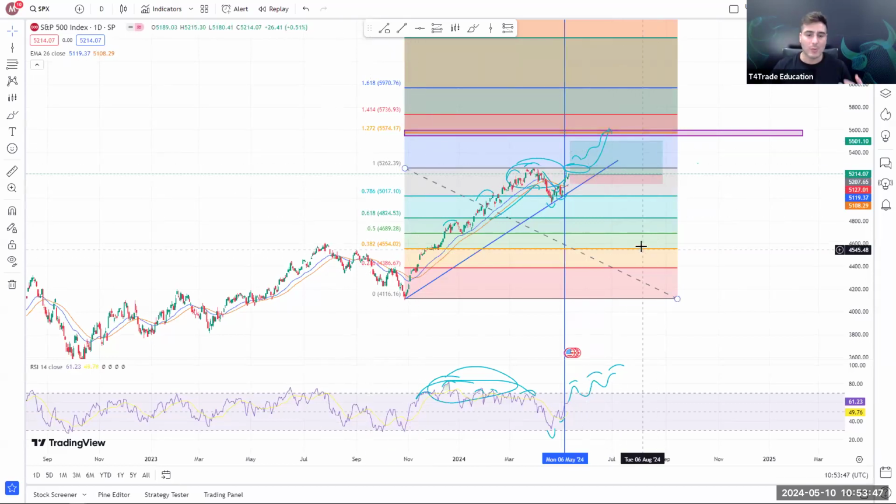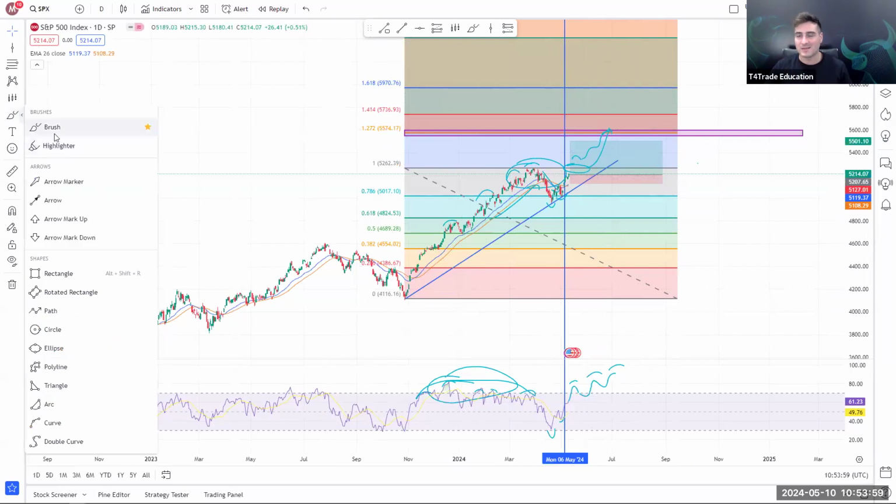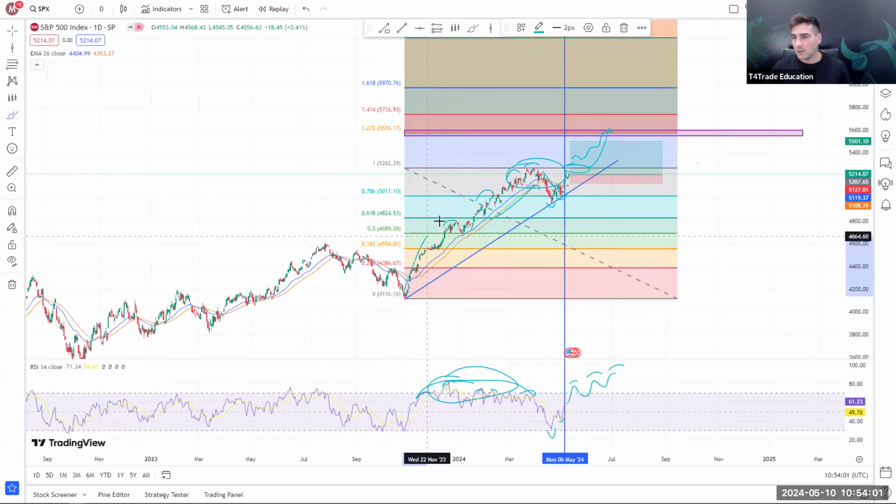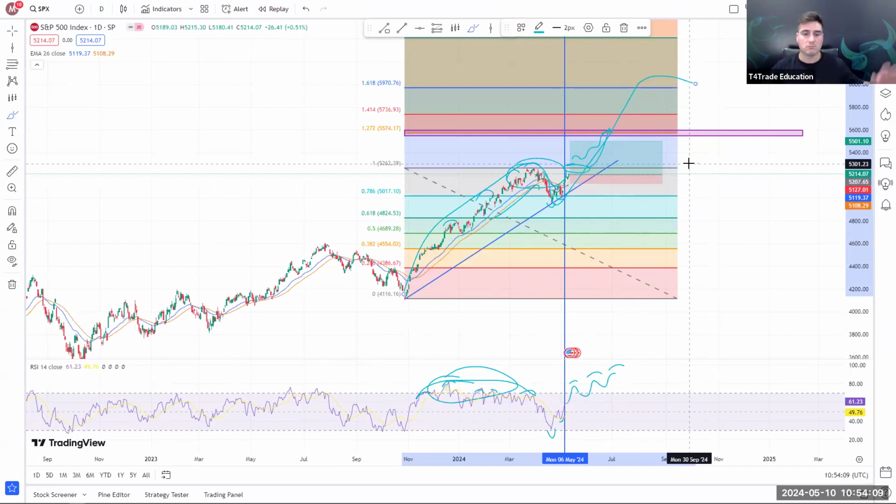Because as we mentioned many times in the past, price action does not always move in one direction with no interruptions. Okay, you can clearly see here it moves in waves, and that's why we assume that this is one wave and the pullback, and then we assume that the extension of the next wave is going to be something like this. Okay, obviously we don't know how it's going to turn out.